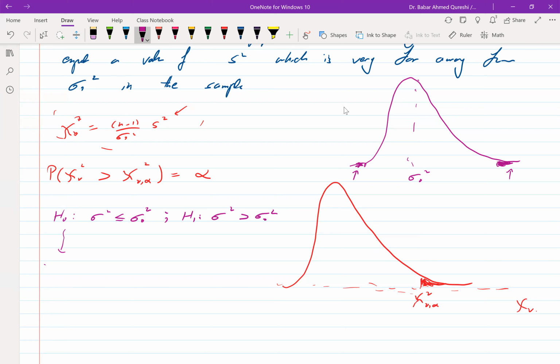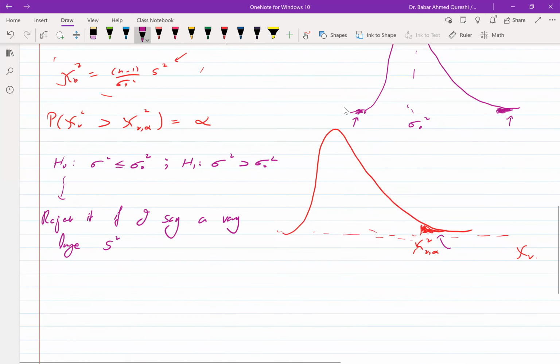So I will reject it if I see a very large S square. How large? Which lands me somewhere here.